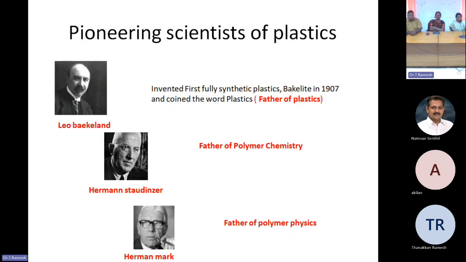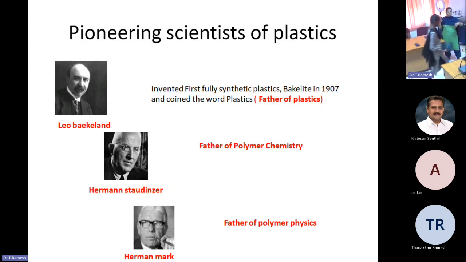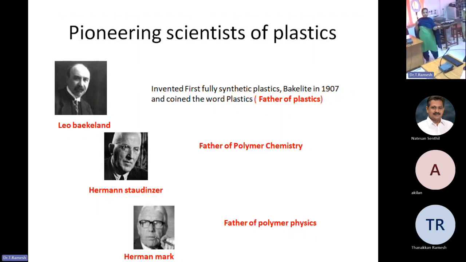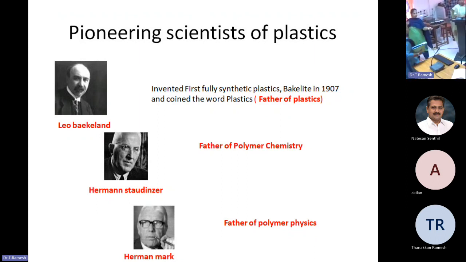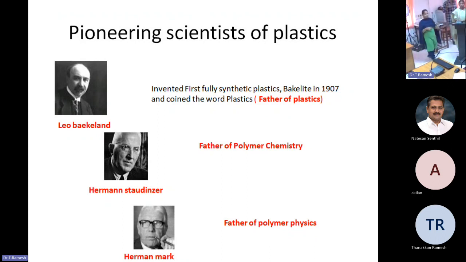Subsequently, many scientists followed and worked on material science aspects of plastic to improve the quality. And I have to mention Hermann Staudinger, the father of polymer chemistry. He was a German scientist and a Nobel laureate, awarded the Nobel Prize for his work on the polymer chemistry aspects of plastics.